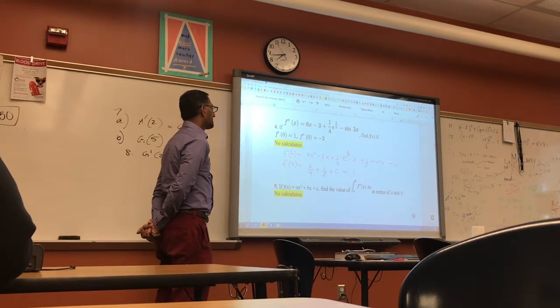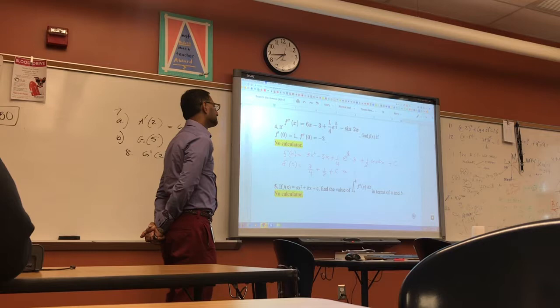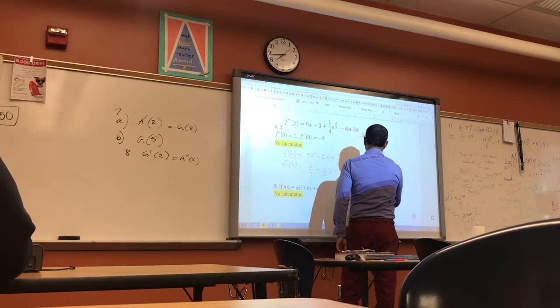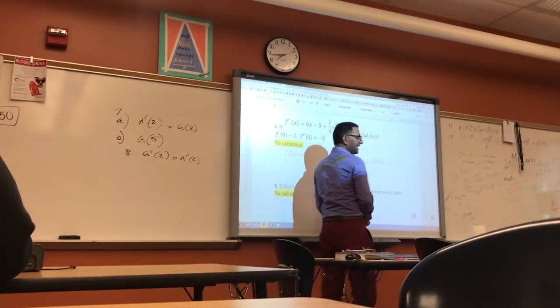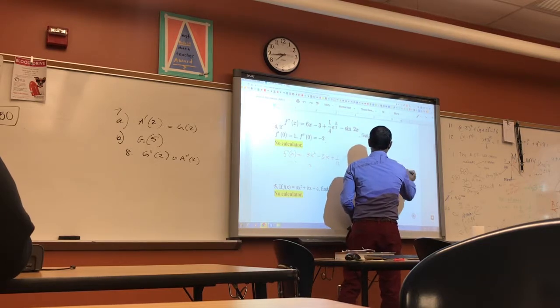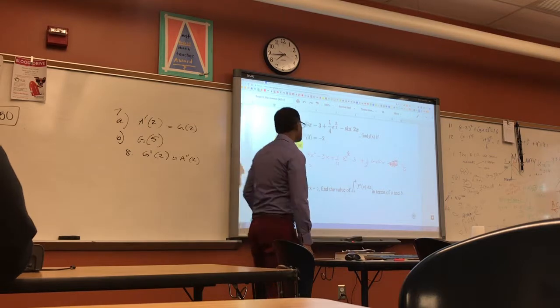Is it -1/4? Okay, I'm doing it in my head. So if you feel lazy, you can do this. I'm okay with it. You're not wasting time copying down anything. So that's -1/4. And then what do we do next?